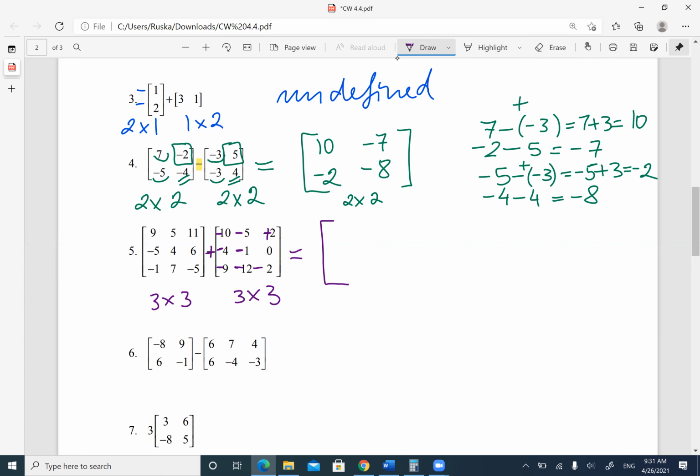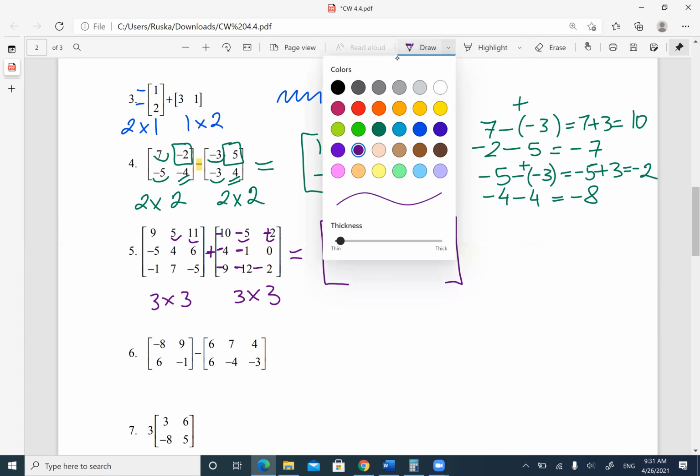So 9 minus 10 is negative 1. 5 minus 5 is 0. And then 11 plus 2 is 13. Then I'm going to go to the second row.